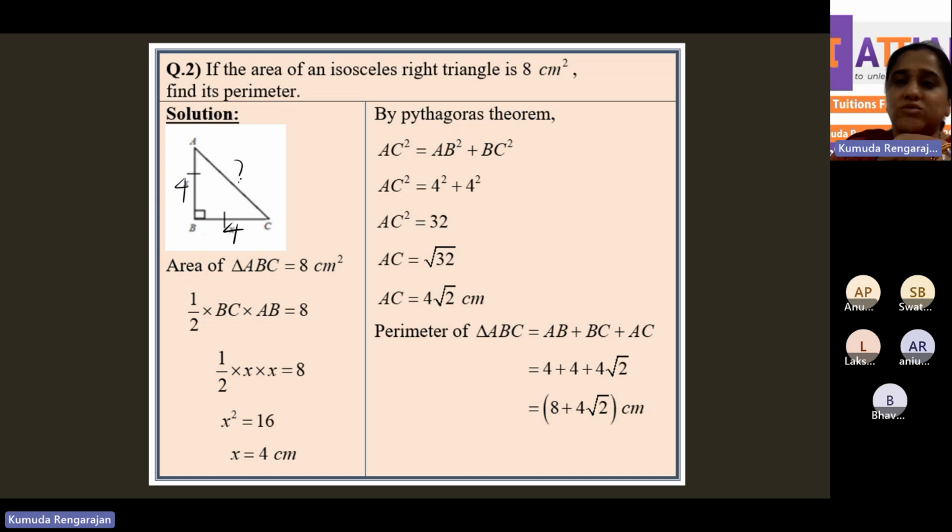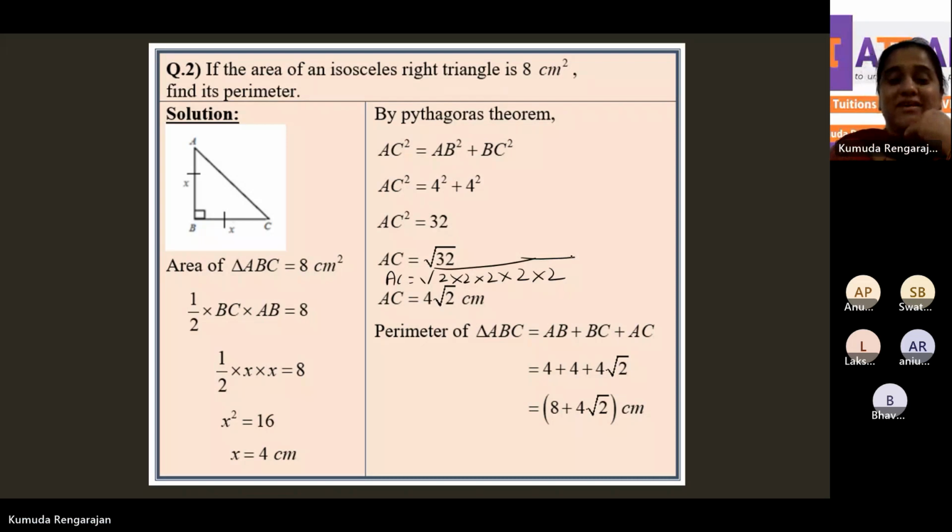Now you can find the hypotenuse using Pythagoras theorem. Why should we find the hypotenuse? Because we have to find the perimeter of the triangle, so you need to know the lengths of all three sides. So find that, and it's 4 root 2, because root 32 is root of 2 to the power 4 into 2.